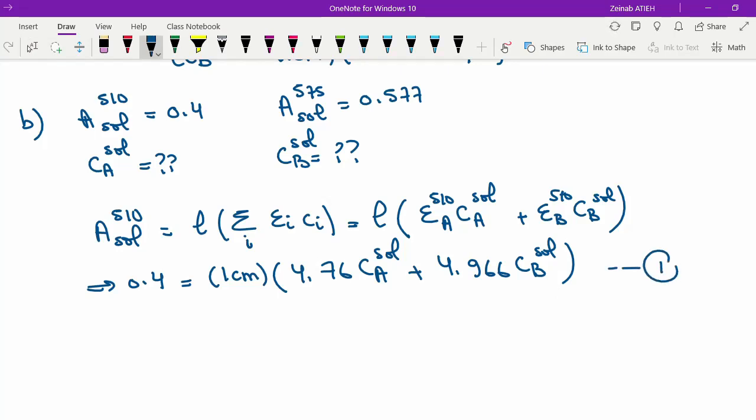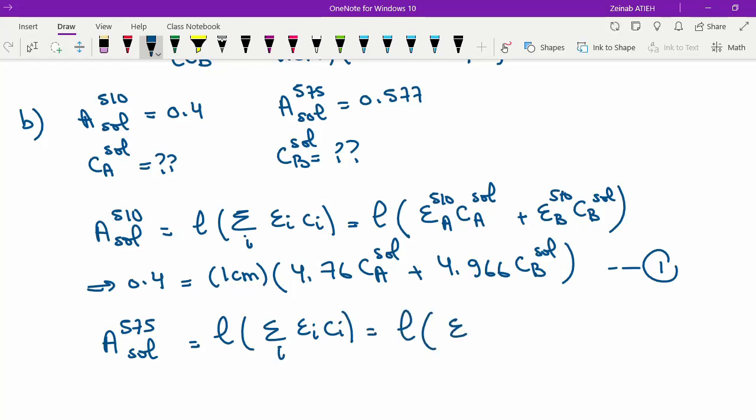This is equation 1. The second equation is using the absorbance at 575 for the solution. It has the same formula as the summation over the two salts, epsilon I, Ci, which means it's L times epsilon of A at 575 times the concentration of A in the solution, plus epsilon B at 575 times Cb in the solution.